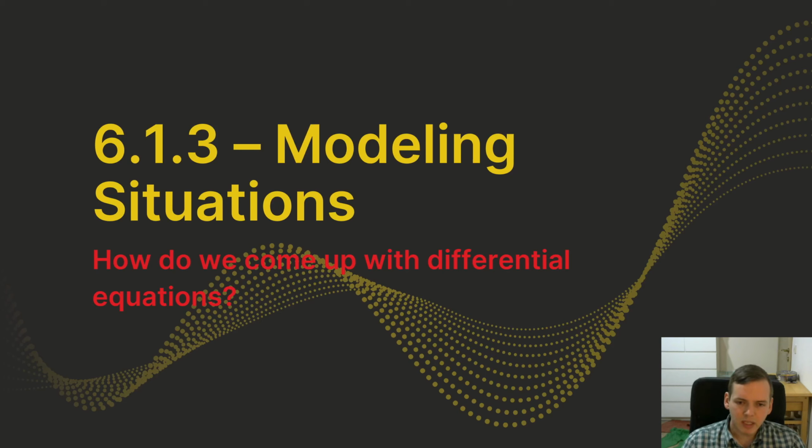Let's take a minute to talk about how we write or come up with differential equations. This is because we're usually looking to model some situation in the real world or to explain something using a differential equation.